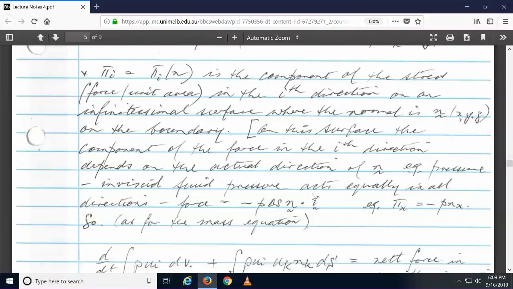Ny, of course, is perpendicular to it. Nz is perpendicular, so that's just the x component of n, so it's minus P nx.